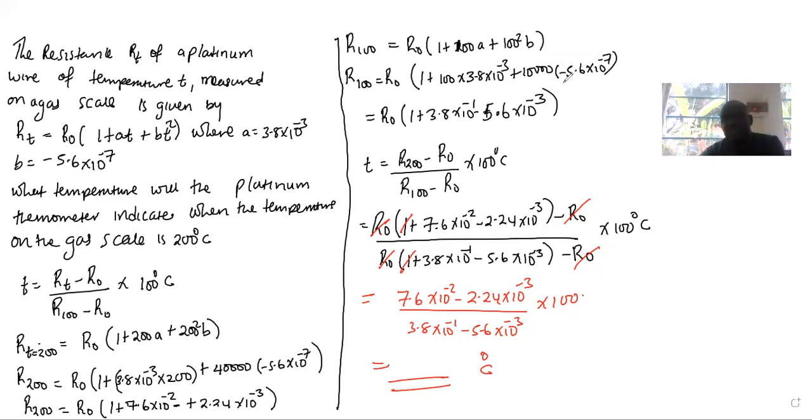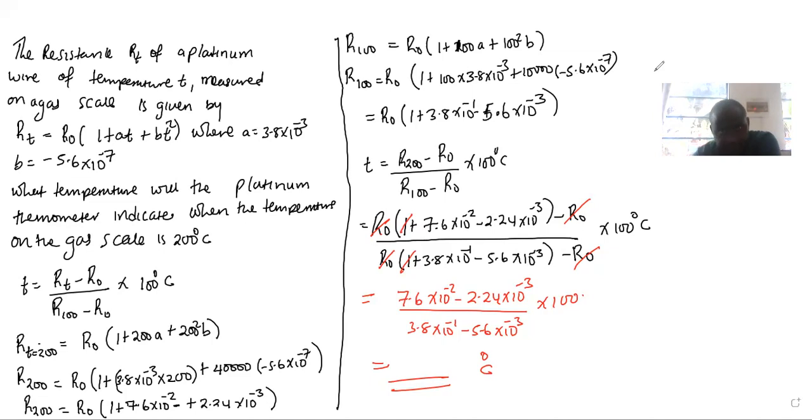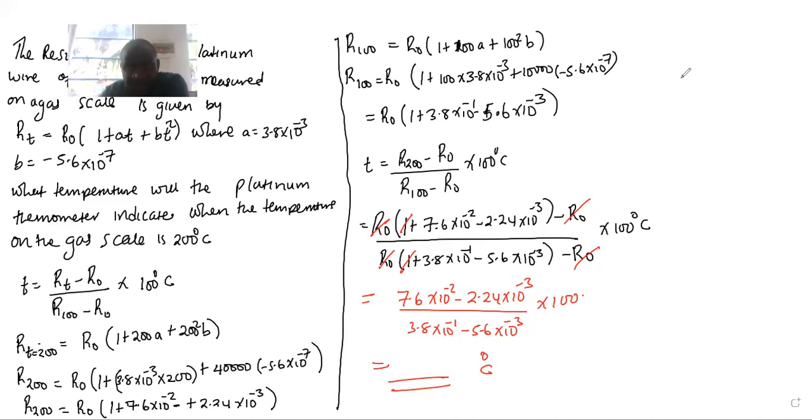So press your calculator and give me the answer. So that was a number that was accompanying the electrical resistance thermometer, that is, the platinum resistance thermometer. I have to show you how it goes about it. So have it down.